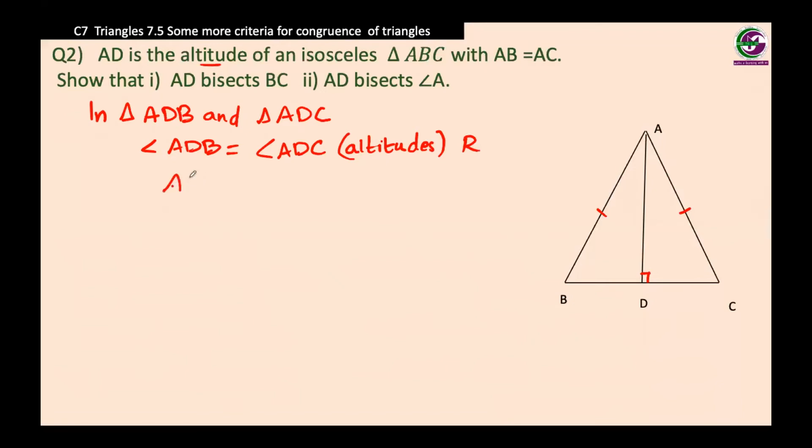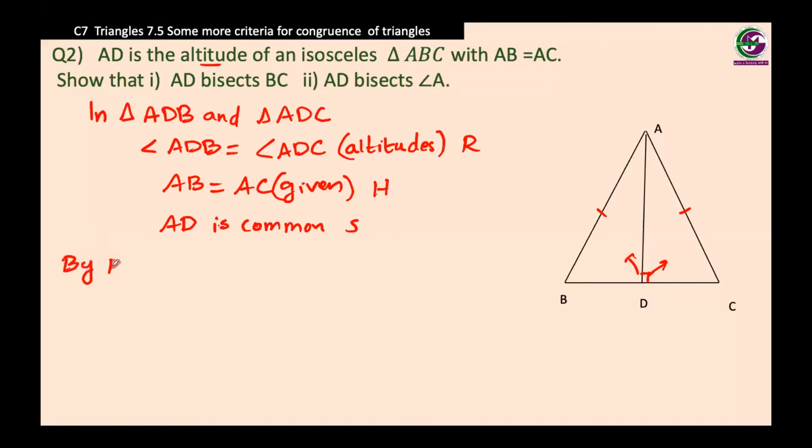Now we have AB is equal to AC, which is given. That is the hypotenuse because it is the side opposite to 90 degree. And we have AD is common. So we have a side now. So by RHS, triangles are congruent. ADB congruent to triangle ADC.